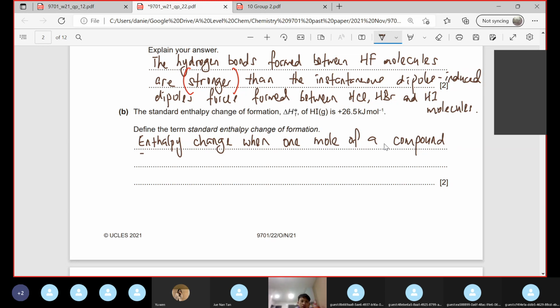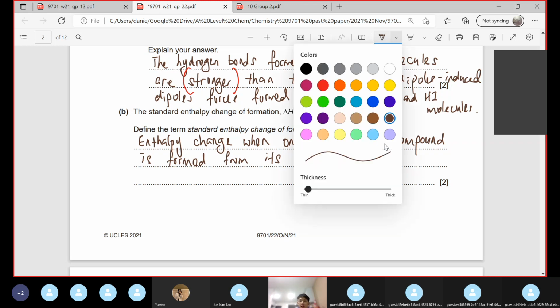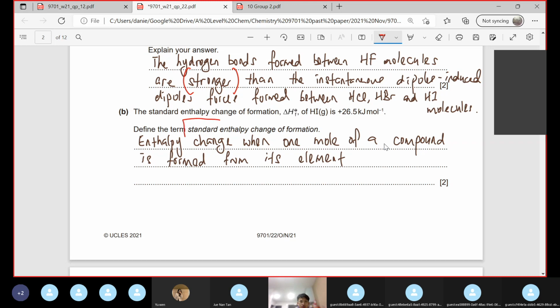So from here we can know that the compound is the product, right? So it's forming something. So it is product from its element. Then don't forget that they request you to write down the standard, right?